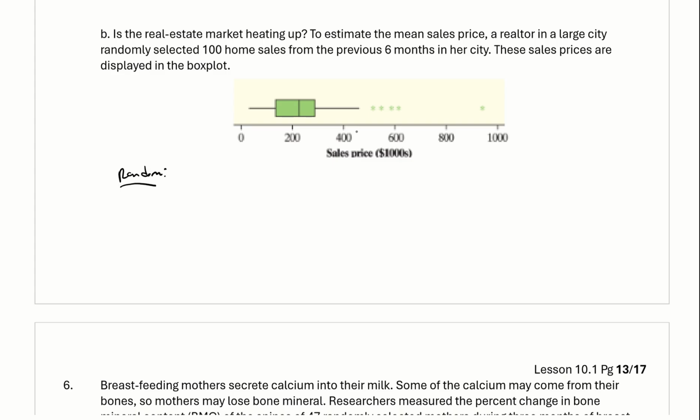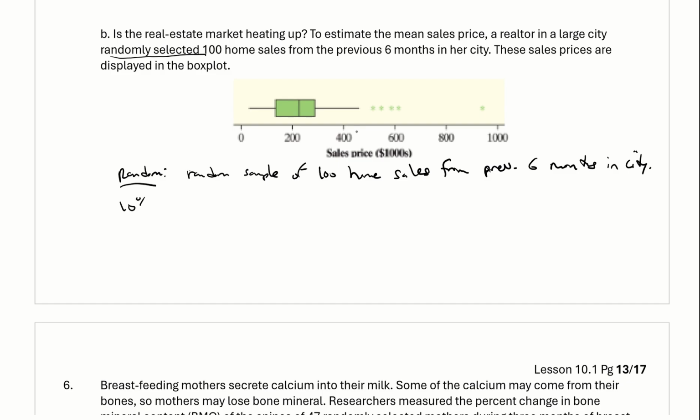It says they randomly selected 100 home sales from the previous 6 months. Okay, so yes, we can say that it is, right? So we can say random sample of 100 home sales from the previous 6 months in the city.